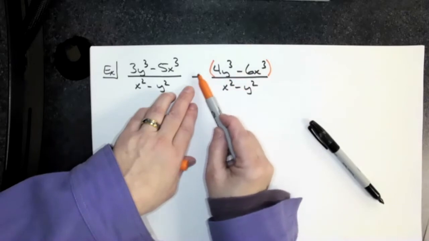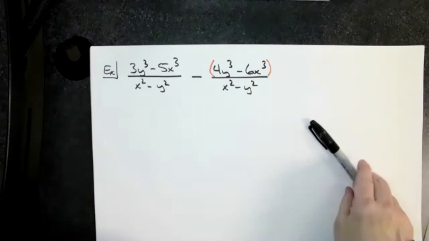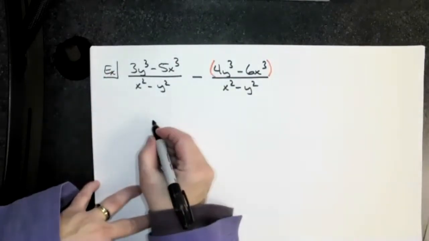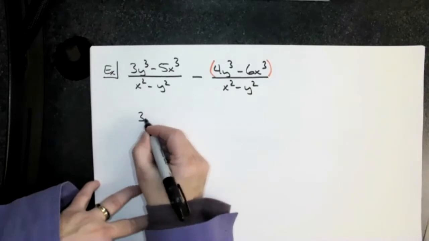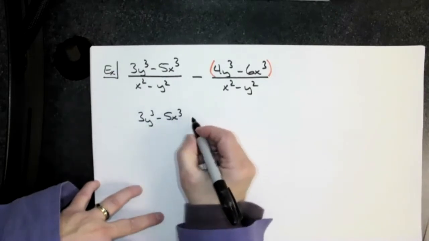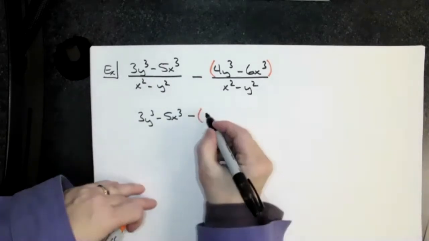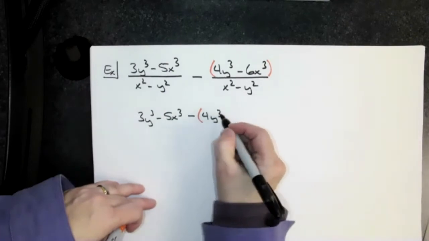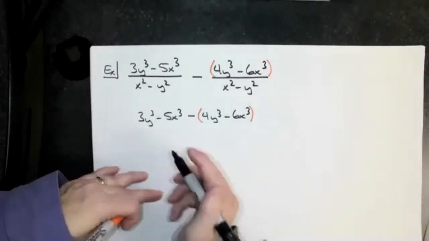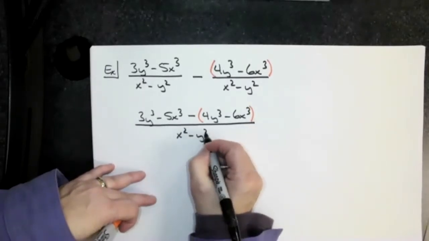In essence, it's a plus or minus 1 if you were taught that way, but it goes through and changes the sign. Sometimes you can see it easier when we write it all as an entire numerator all the way across. So if I write 3y to the third minus 5x to the third minus, and go ahead and put that set of parentheses in, 4y to the third minus 6x to the third, then you can hopefully see why we have to change all those signs.